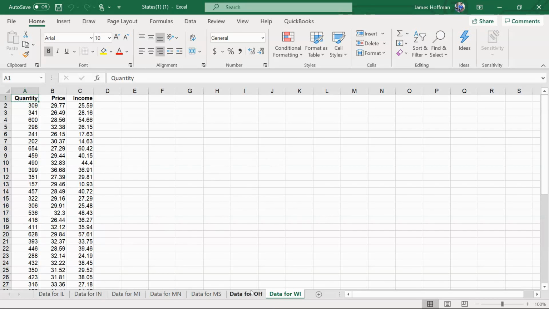So I'd recommend you open up the state's data and just work with the state you're assigned to. So I'm going to delete the other ones because you only need the one state.